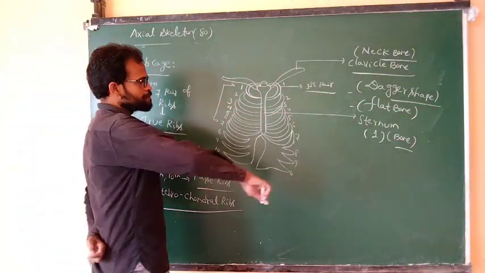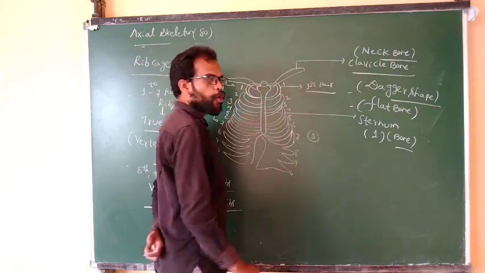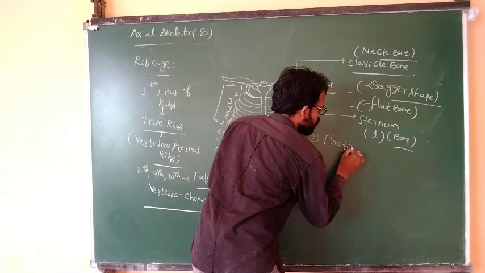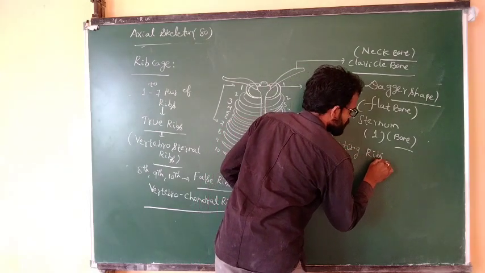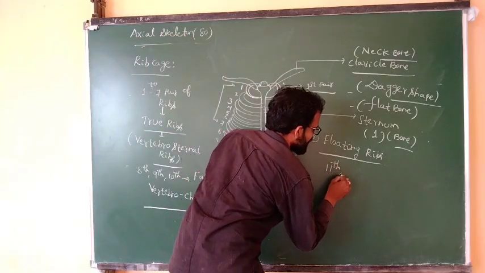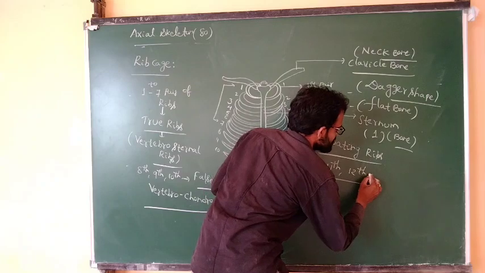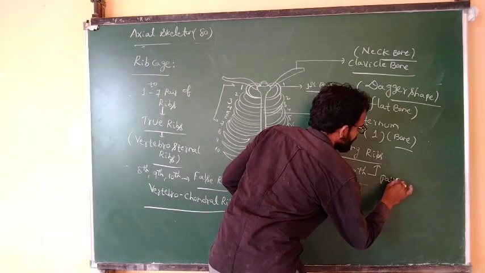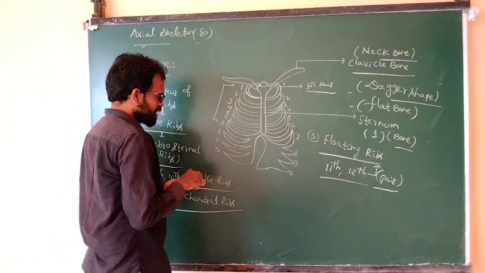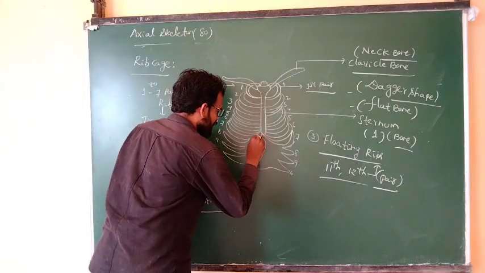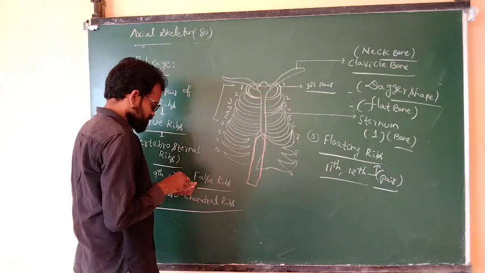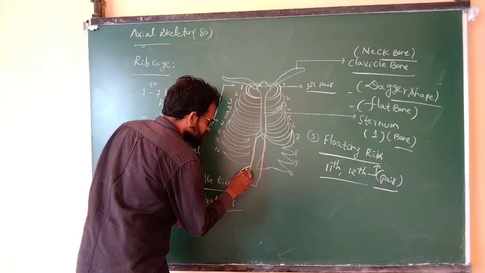Coming to the third important ribs, known as floating ribs. What are these ribs? Floating ribs. These ribs are the 11th pair and the 12th pair. The 11th pair and 12th pair of ribs are floating ribs.